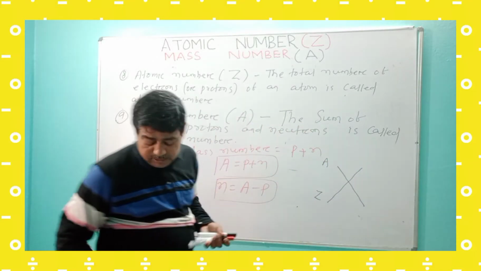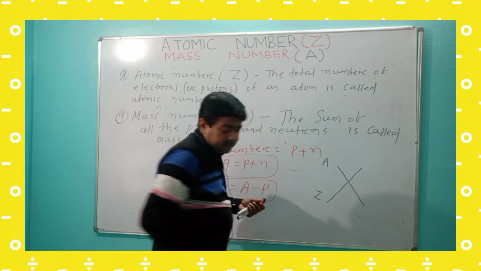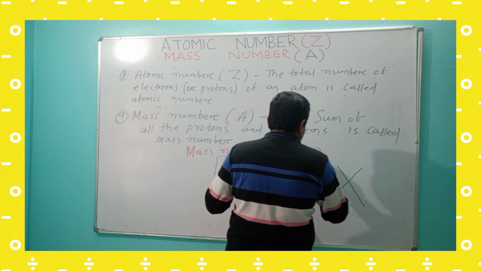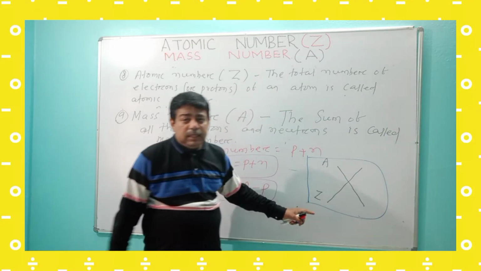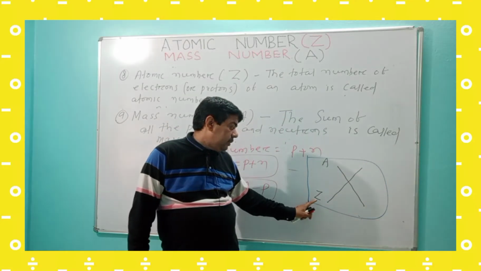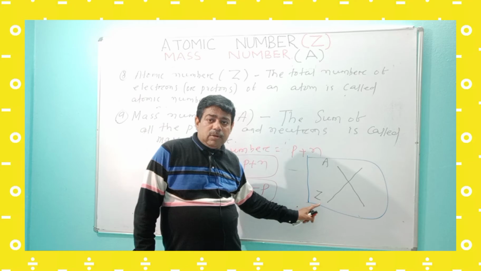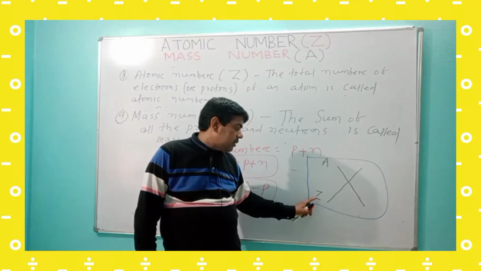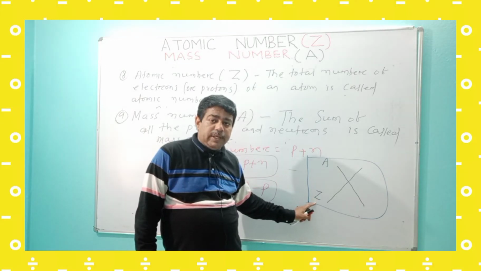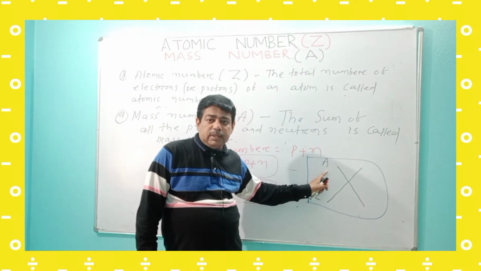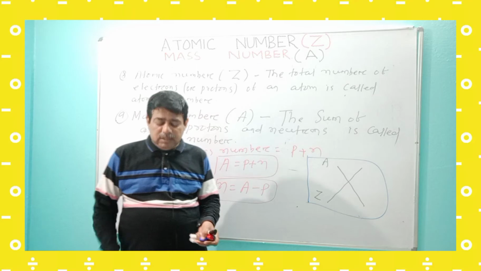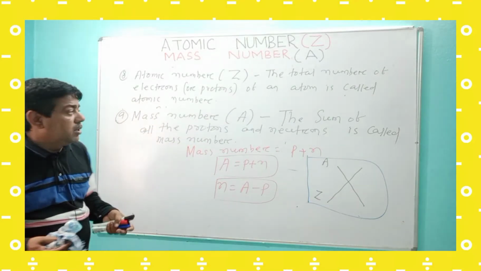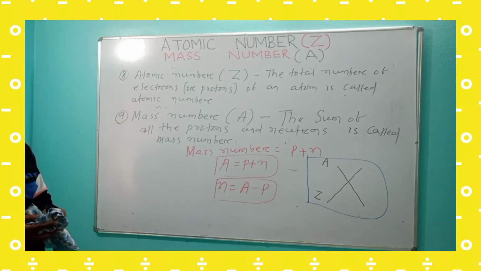An atom is usually denoted by the letter X, and in the subscript you have to write the atomic number, and in the superscript you have to write the mass number. Understand? Okay, note down.